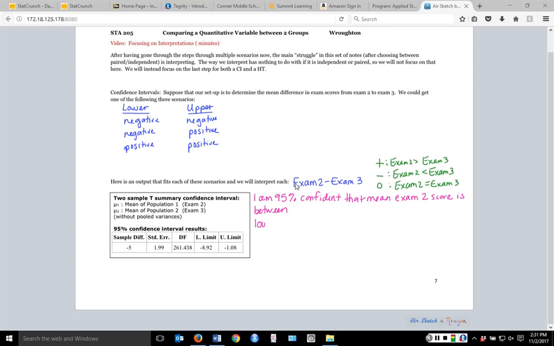I'm going to be able to say that it's lower than the mean exam 3 score.